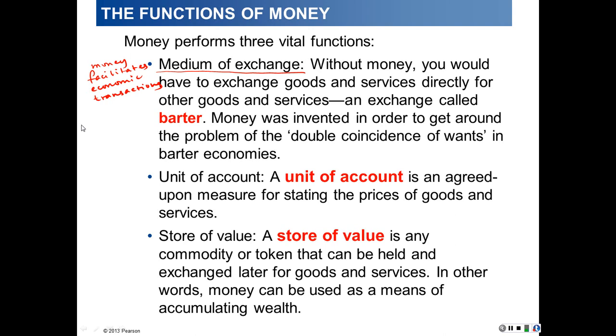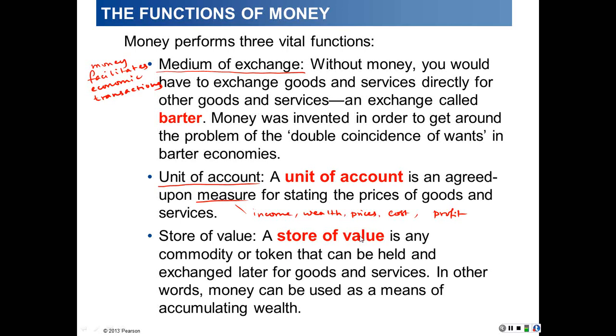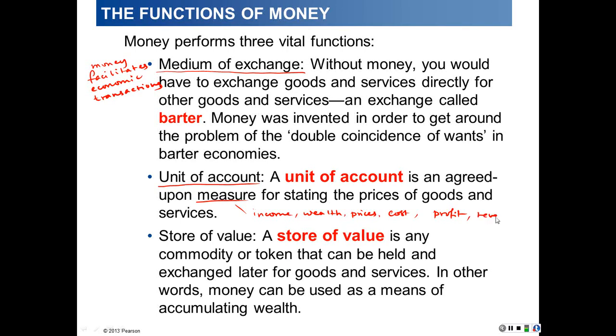The second function of money is money as a unit of account. What that means is you can use money to measure various economic entities. You can use money to measure, as I said, income, wealth, prices, cost, profit, revenues.